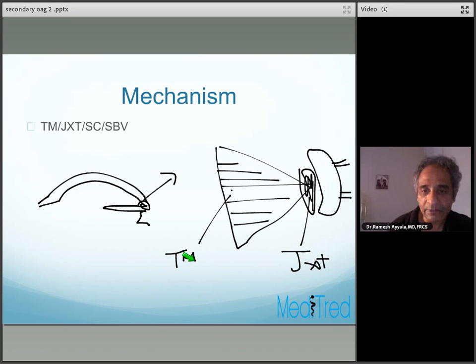And here is the Schlemm's canal. Okay, now that's clear. So in primary open angle glaucoma, the resistance to the aqueous outflow is located in the juxtacanalicular portion. Whereas in a lot of disease processes that we're going to discuss today, the obstruction is somewhere in this area, in the trabecular meshwork itself.